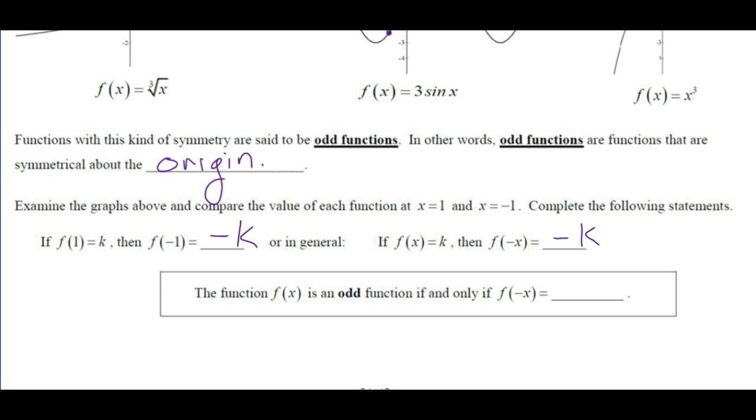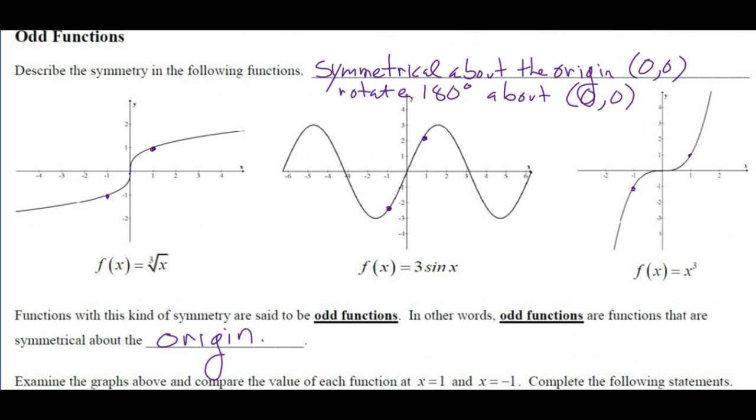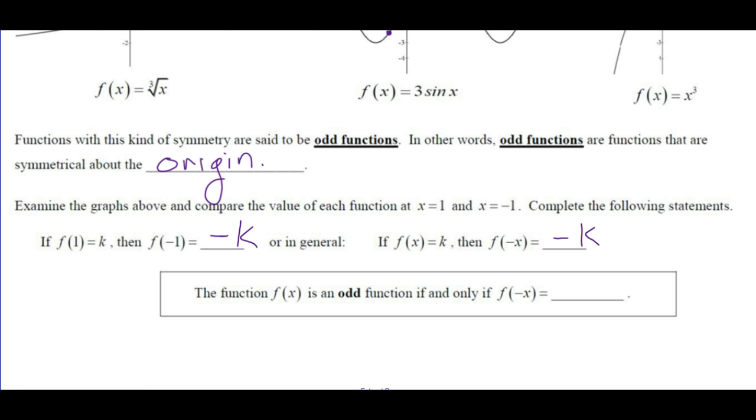The function f of x is an odd function if and only if f of negative x, that's kind of the reflection, right? So if I reflect it here, what has to happen to the y value? It has to be the negative of the y value, right? So f of negative x is the negative of the original y value.